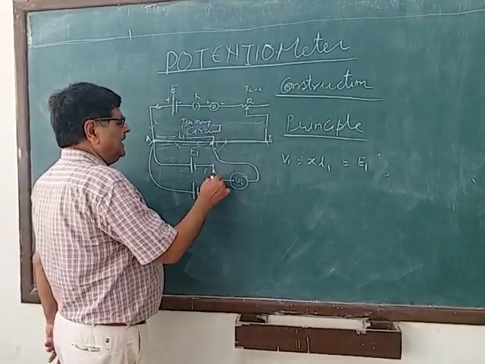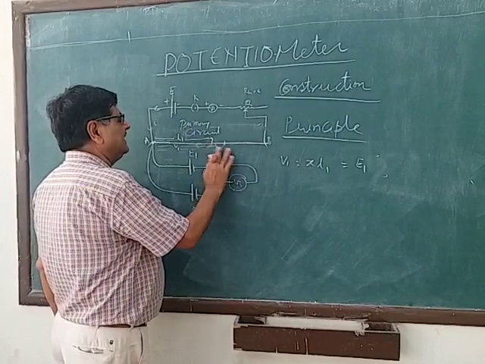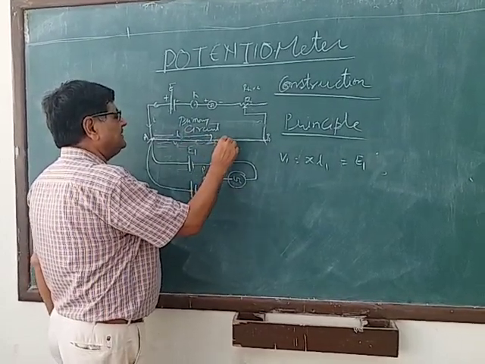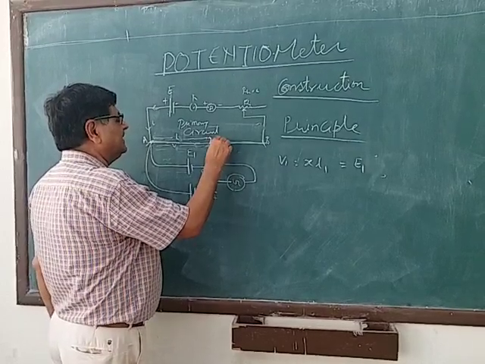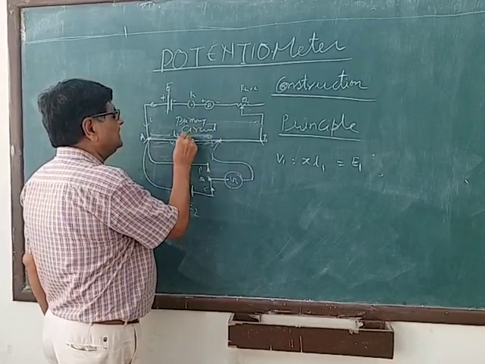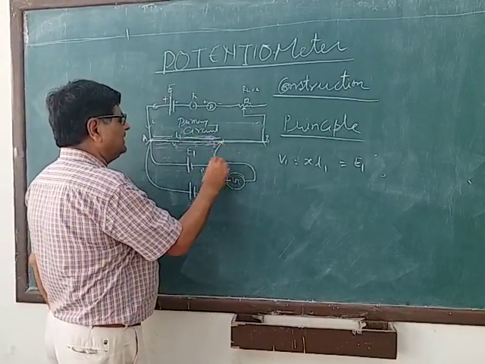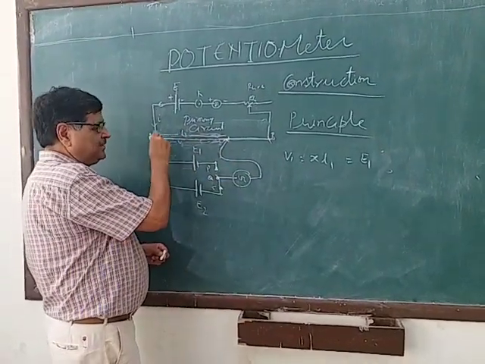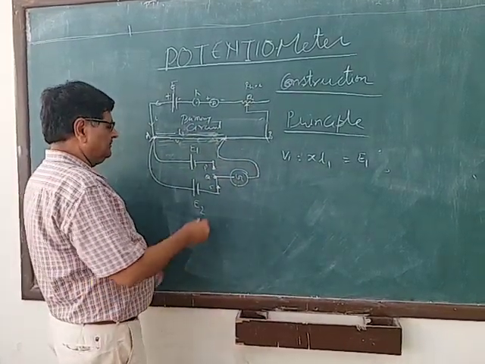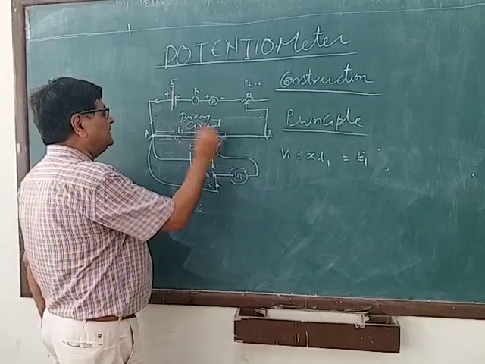So now again we find the balancing length, as we found the balancing length in the previous case. Now let's say the balancing length is coming here at L2. How will we find the balancing length? Again we will place the jockey at different places and try to find the zero deflection in the galvanometer. So this is L2.